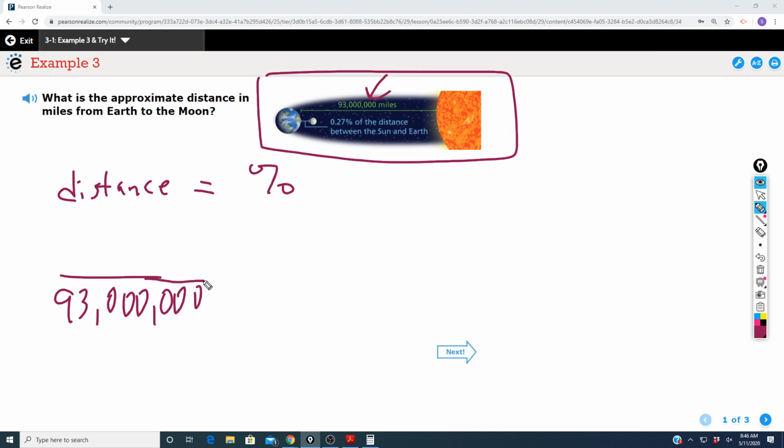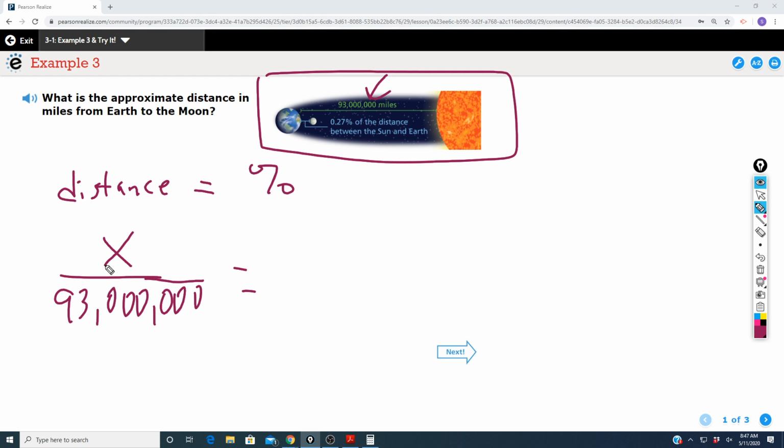Do we know the distance between the Moon and the Earth? We know a percent, but we don't know the actual physical distance. That's what we're trying to find out here. So the distance from the Moon to the Earth is going to be x. We don't know that yet.